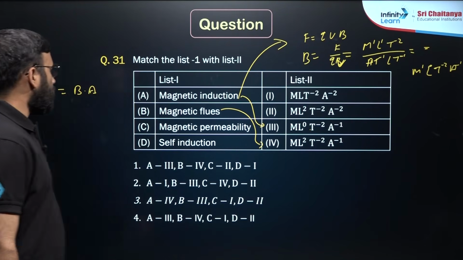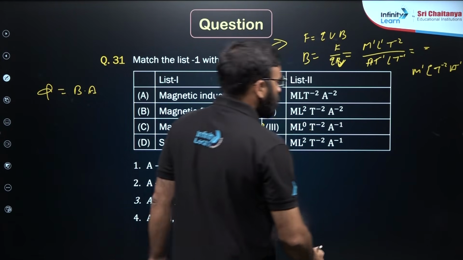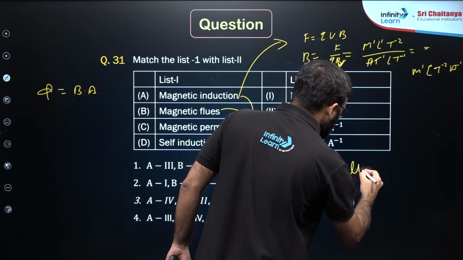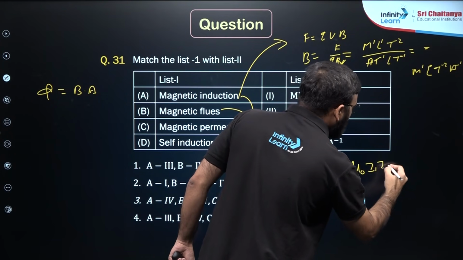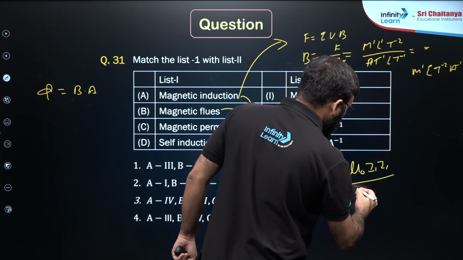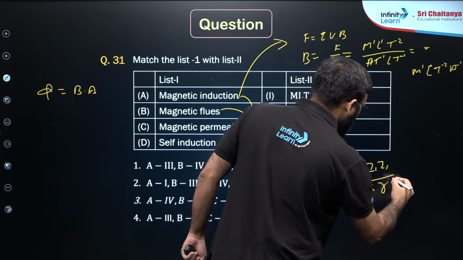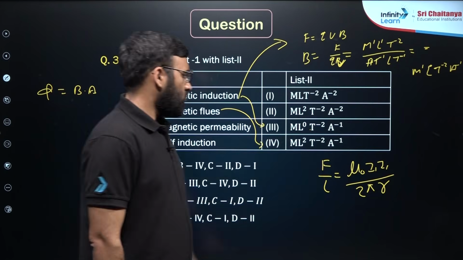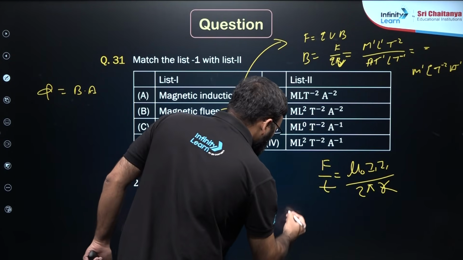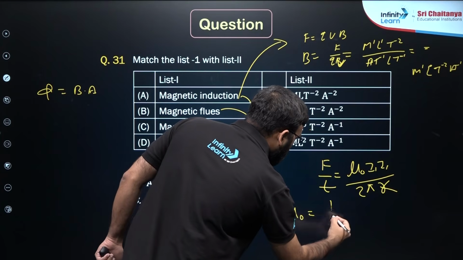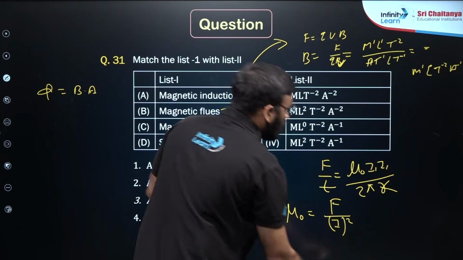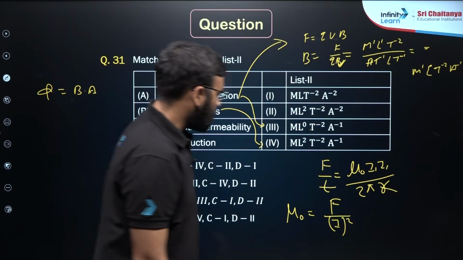Now the magnetic permeability. Force per unit length equals mu naught I1 I2 upon 2 pi r. The length is in meter and r is also in meter, so these cancel each other. So mu equals F upon I square, because 2 pi is a constant, a dimensionless quantity.